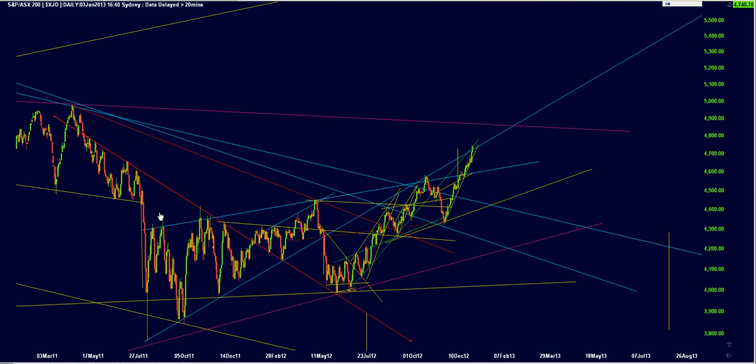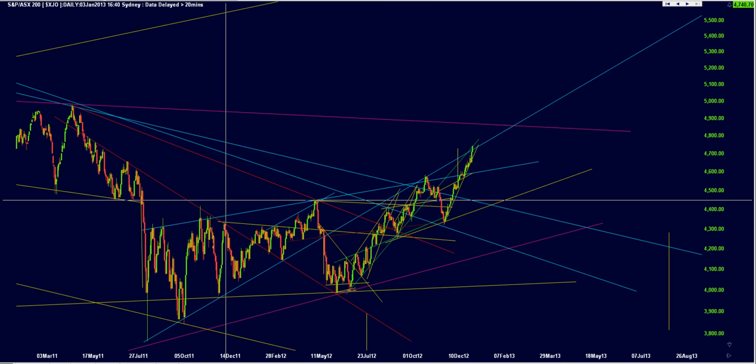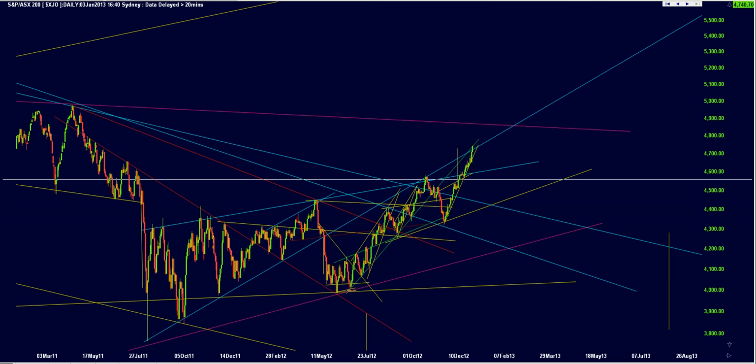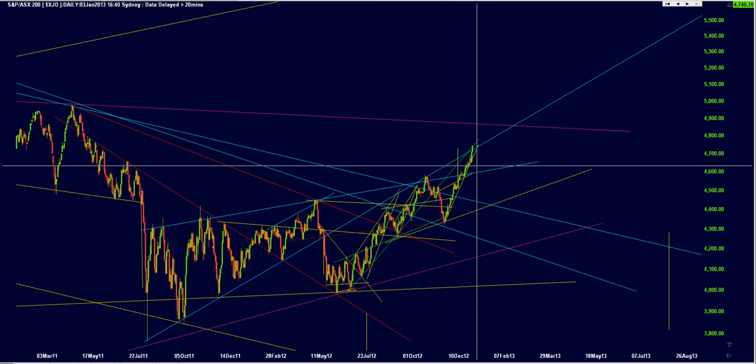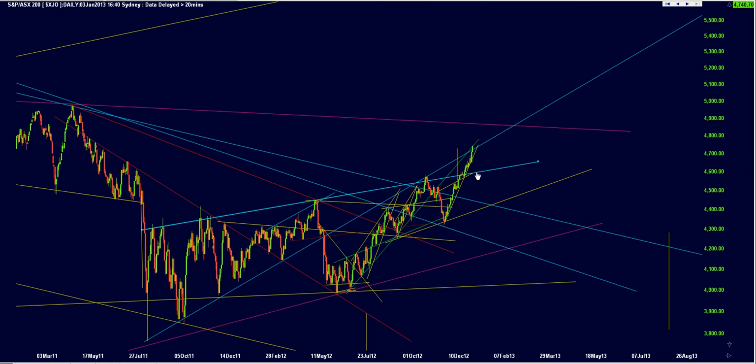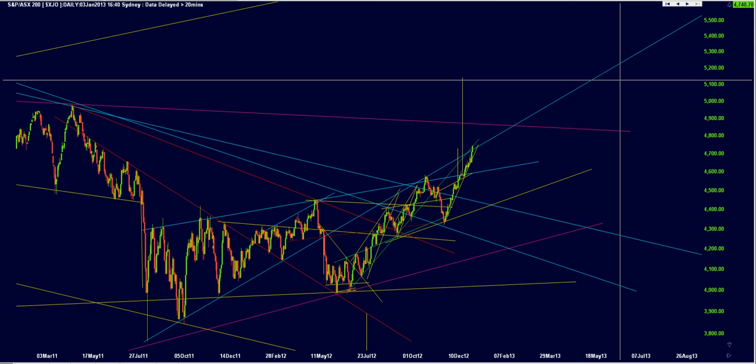But if we have a look at this entire pattern here, guys, we may be looking at a left shoulder, a head, and a right shoulder with a cup and handle pattern here. We've broken out over this area now for the past 10 days or so of trade, and it's well and truly possible that if we just grab this line here and measure the depth of this pattern, we could be looking at a move that goes all the way up to around that 5,150 area.